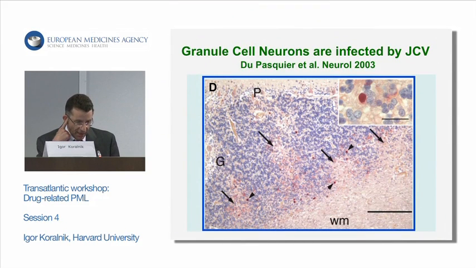But what we saw is that there was no lesion of PML in the white matter, but there were areas of cell loss, as you can see here in the granule cell layer. And in the periphery of this area of cell loss, you had neurons that stained positively for polyomavirus antigen. And that was reported in my lab by Renaud Dupasquier in 2003.